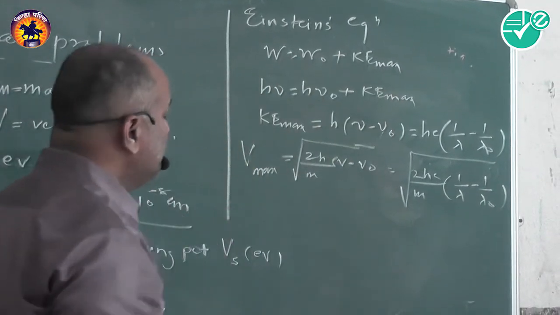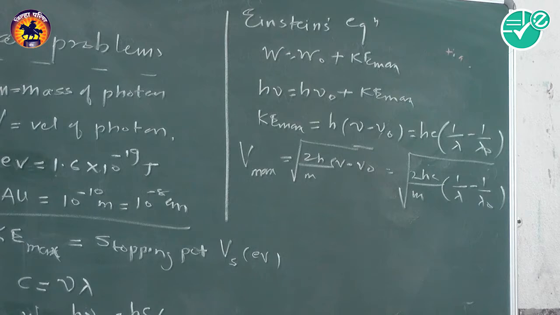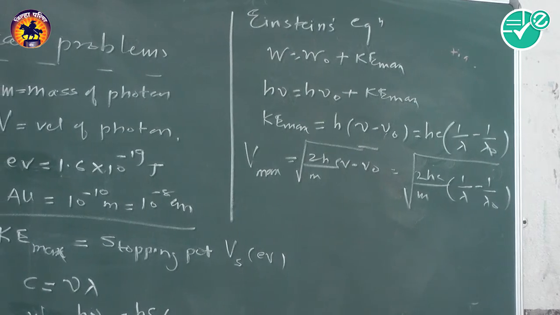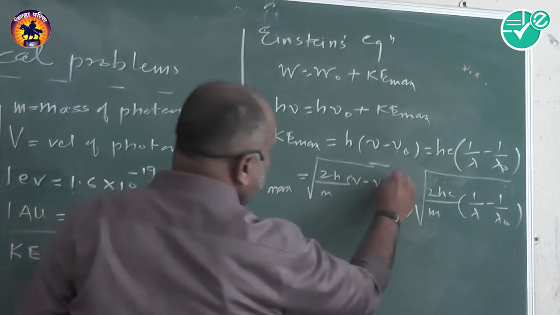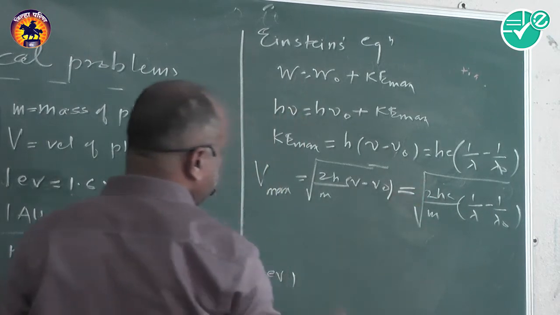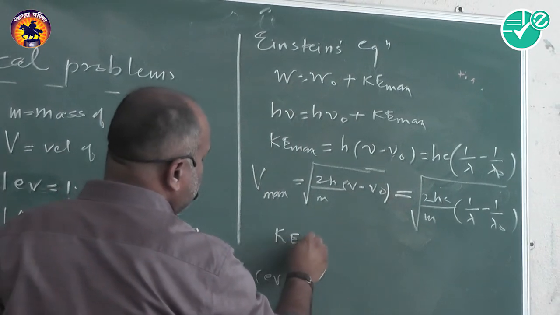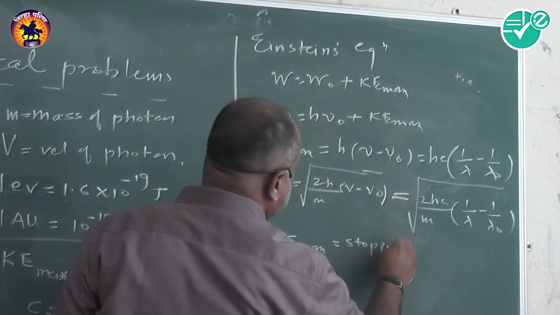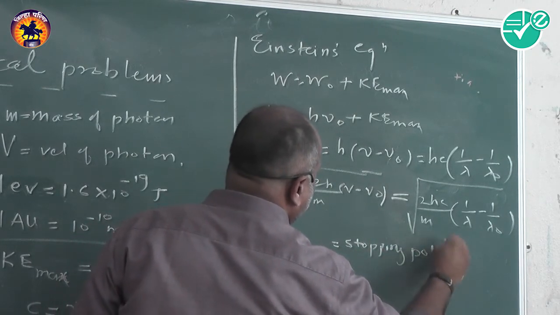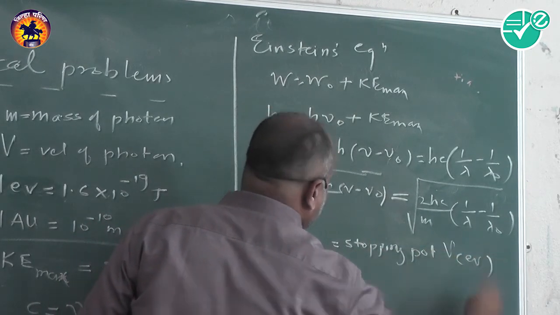Now remember one thing, if you directly remember the formula, then it will save your time in the NEET examination. That is why I am writing the formula directly so you can remember it. And here kinetic energy max is equal to stopping potential V, measured in electron volt.